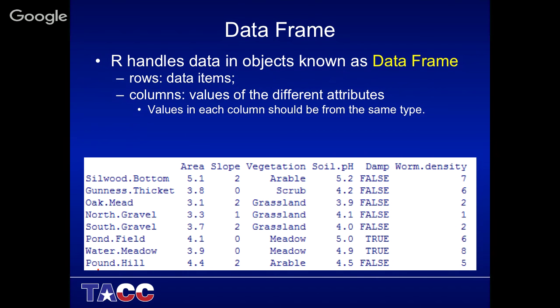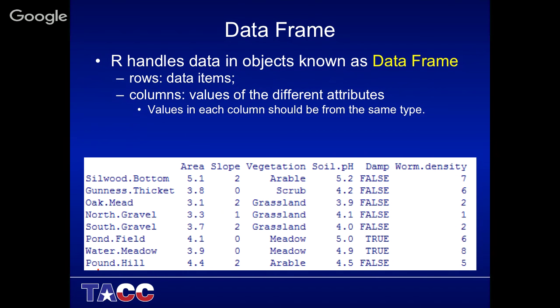You could have row names and column names, so it's kind of a mixture of the list and the matrix data structures that we saw. If you can format your data in an Excel spreadsheet, the data frame is what you should be using in R.